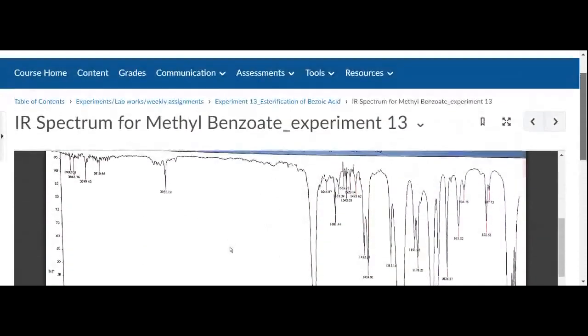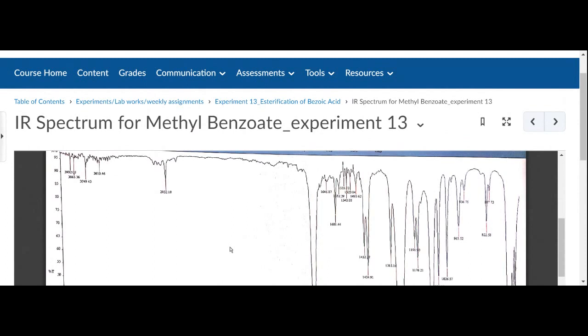And just like melting point, if it's close to the known value, it assures that your product has formed and is pure. In this case, the IR spectrum is also used to determine if the product has formed and if the product is pure.